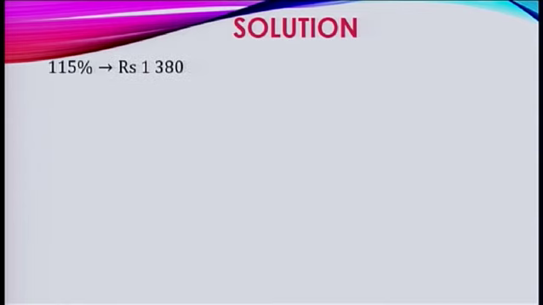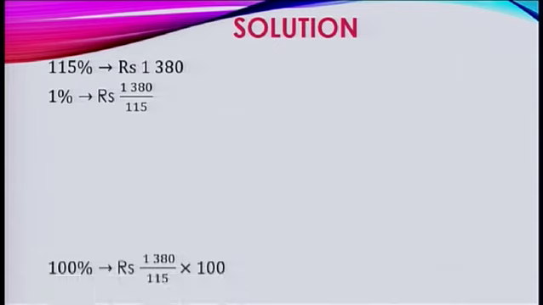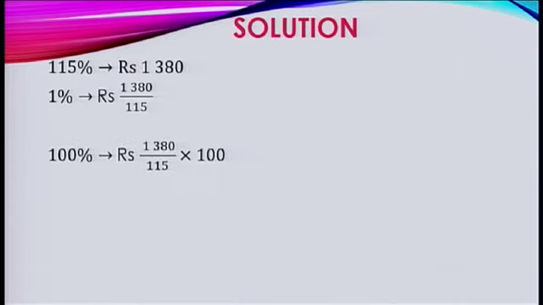Well, we know that 115% represents 1,380. So for 1%, what do we do? Simple proportion: 1,380 divided by 115. And you are asked to find for 100%, so 1,380 divided by 115 times 100.